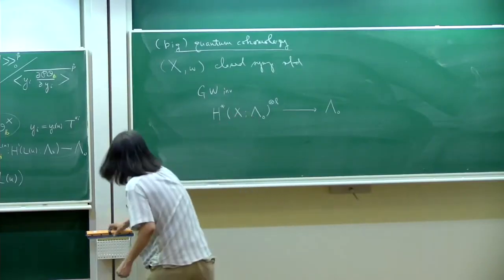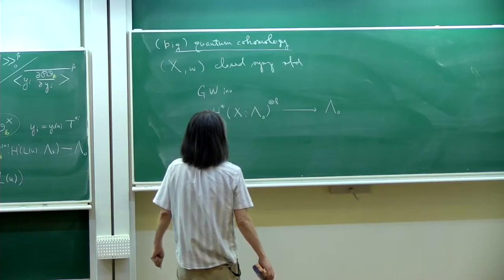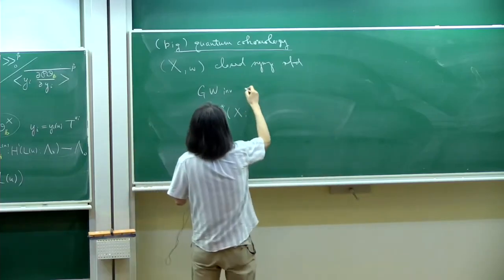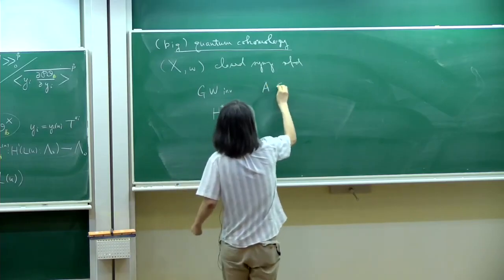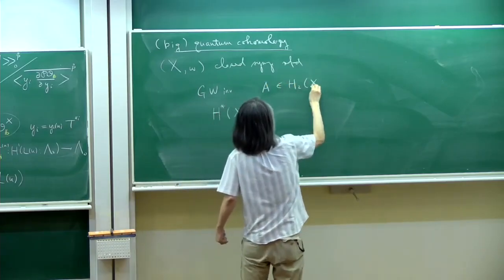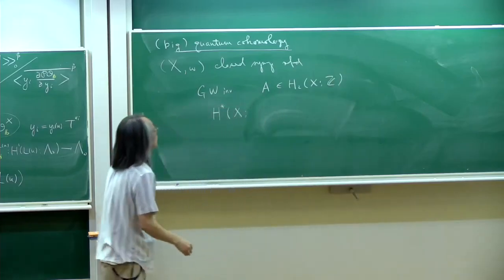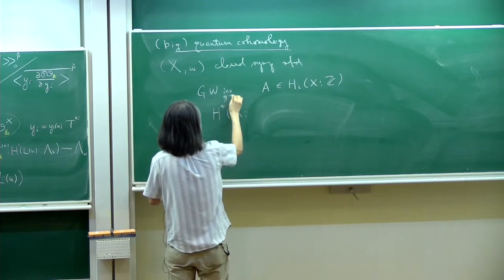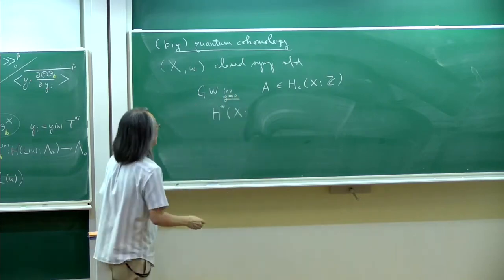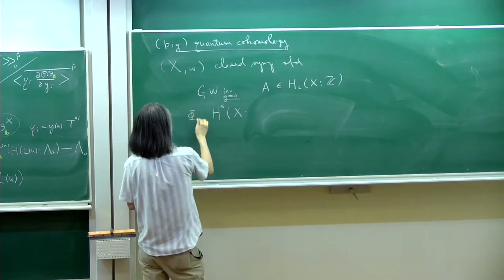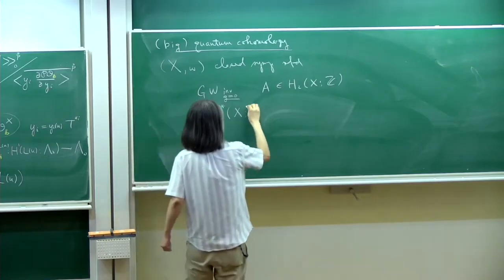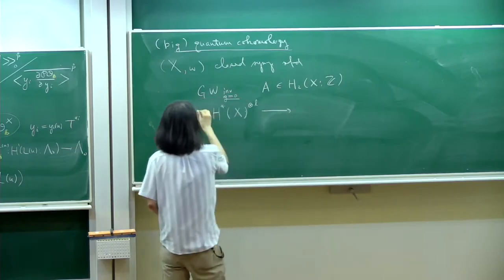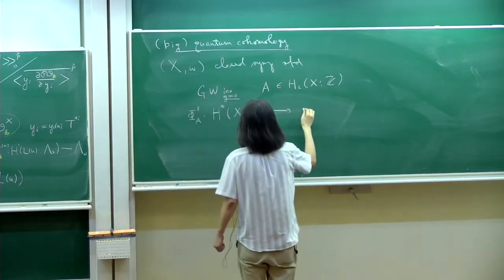Maybe easier to work with this. So let A be a second homology class, right? And then we consider Gromov-Witten invariant of genus 0. So maybe I denote by phi of A. It is actually a mapping from here, maybe L here, to this.